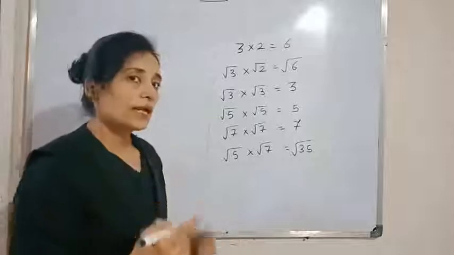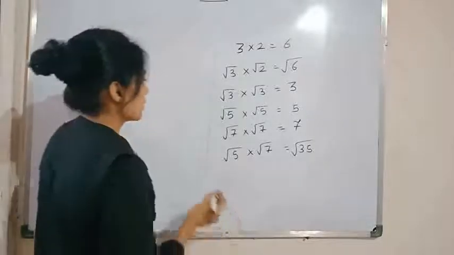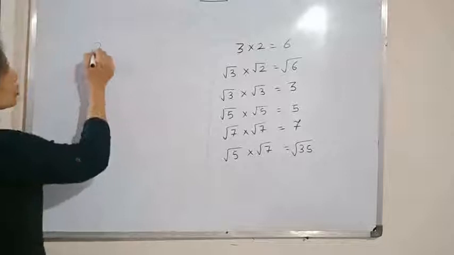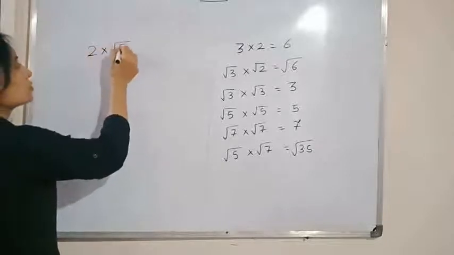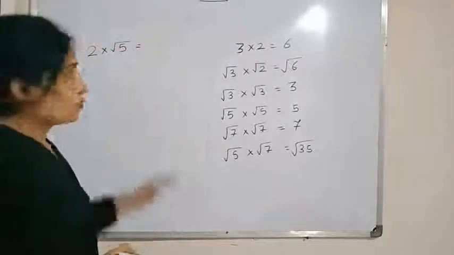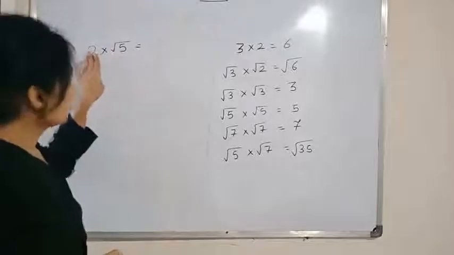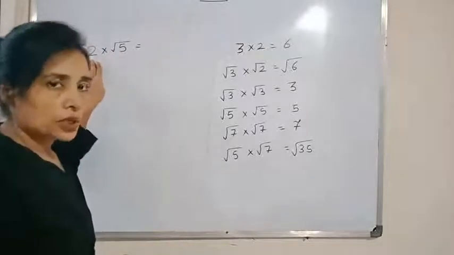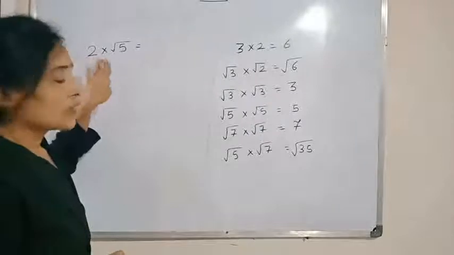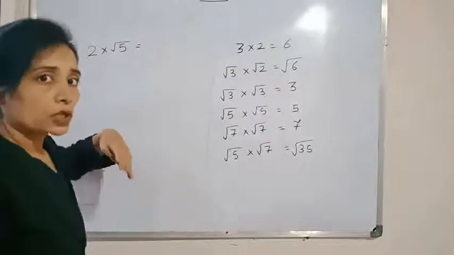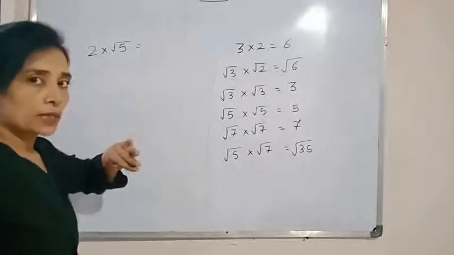Now, if I take two numbers in such a way that 2 into under root 5, one number has a root, another number doesn't have a root. So it means we cannot write 2 5s are 10, because one number is outside the root, one number is inside the root.